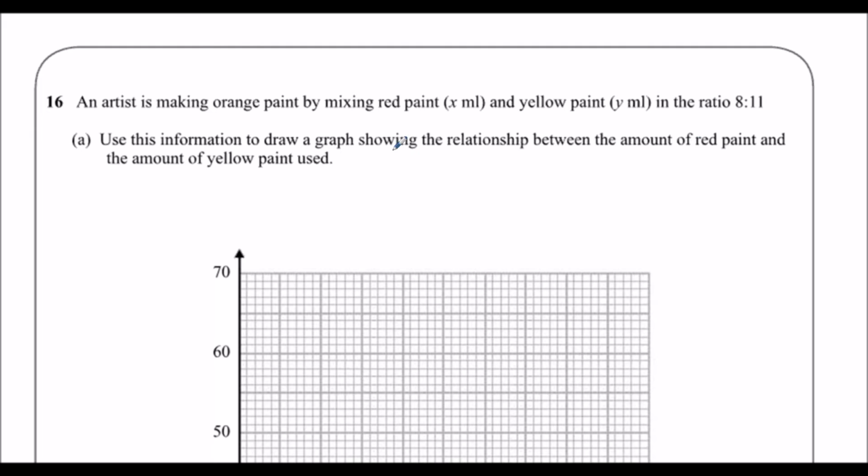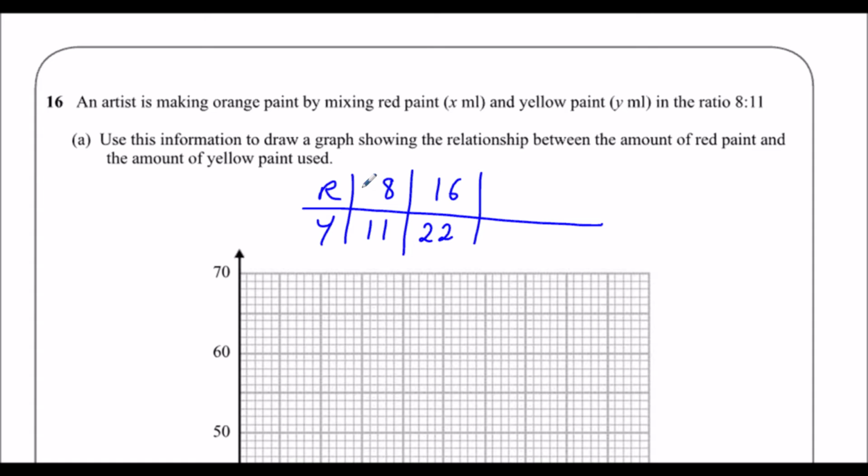So in the ratio 8:11, so it's red and yellow, so it's 8:11, or if I double both of them, 16 and 22, or times by 3, 24 and 33, or times by 4, 32 and 44, and so on.